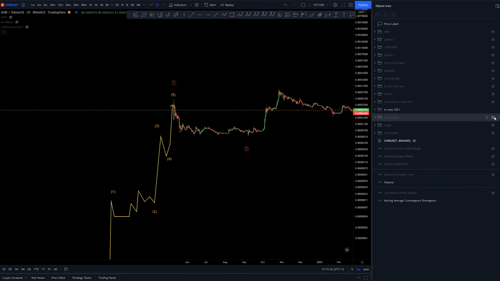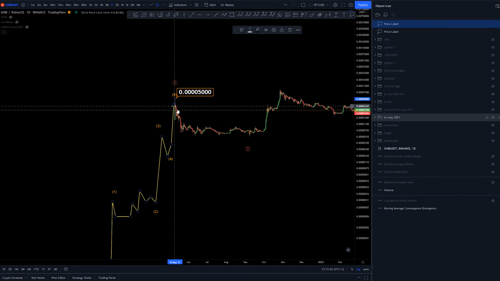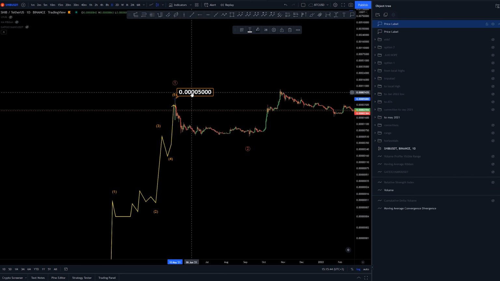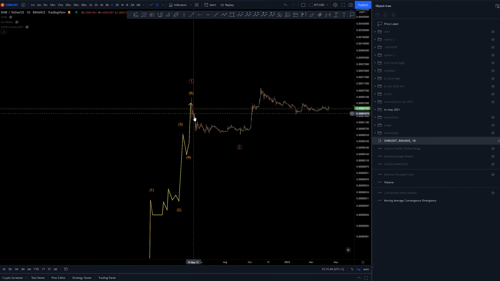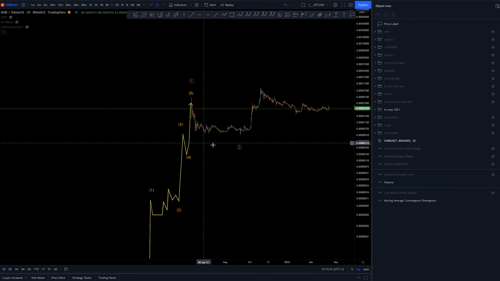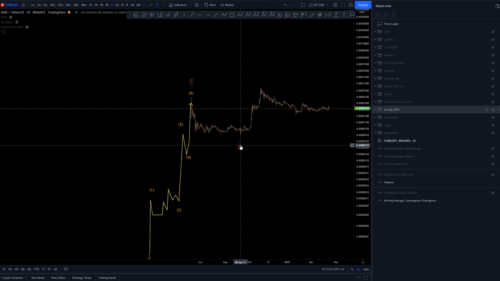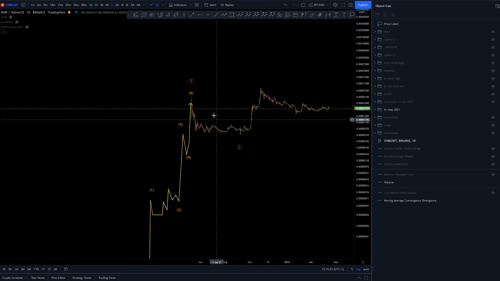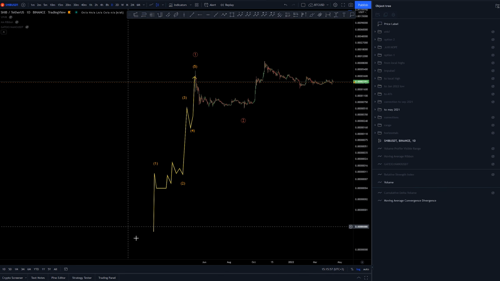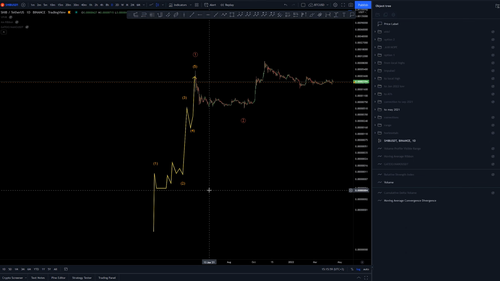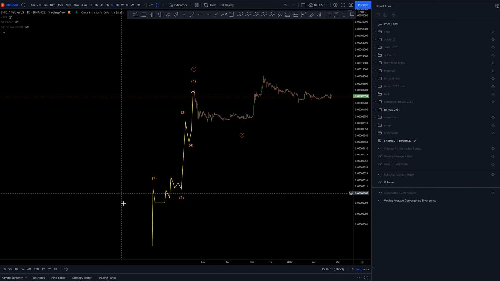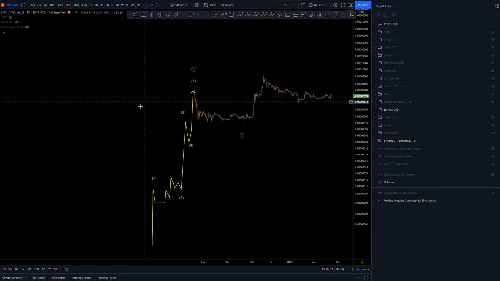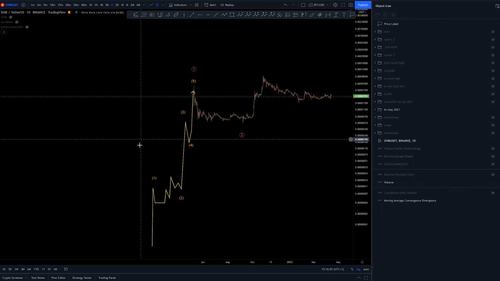Now this brings us to these highs here at May 10th 2021, 4 zeros and 5. Then we took a nice dump of 90% down to this potential wave 2. Now take this area with a grain of salt. This hasn't been on exchanges that I found on Tradingview, so I'm not really sure if we should ignore this completely or not.